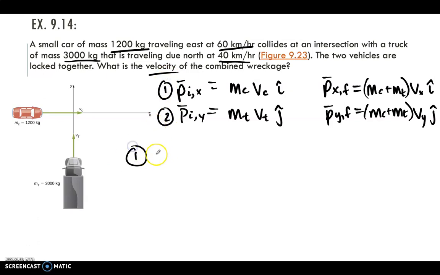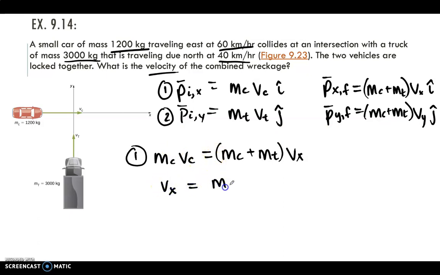So 1, we have mc Vc is equal to mc plus mt times v sub x. So v sub x then is going to be mc Vc over mc plus mt.